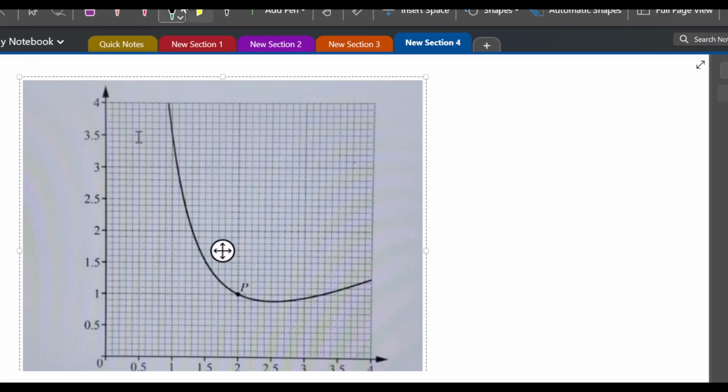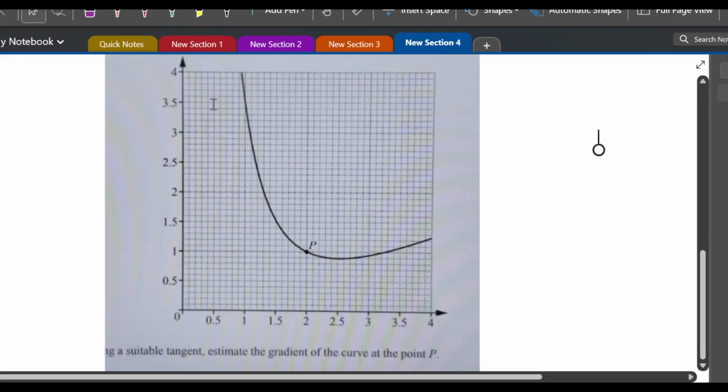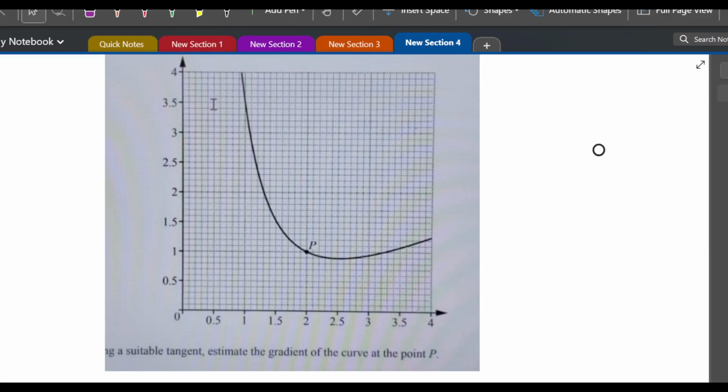Okay, so in this problem, what is given? Draw a suitable tangent. Estimate the gradient of the curve at the point. Who asked this question? Vedika. Okay, see Vedika, this is your point P. Now you have to use your scale and simply draw one line which is just touching the curve at one point.